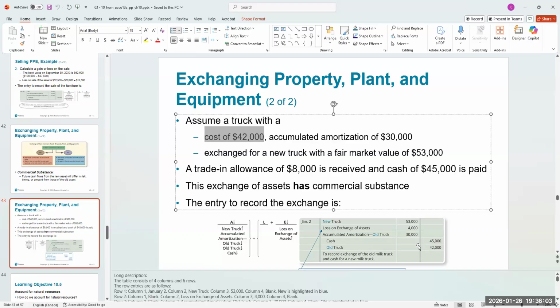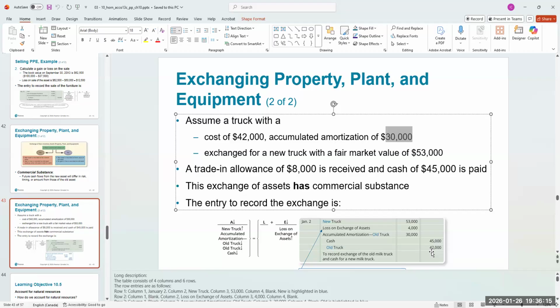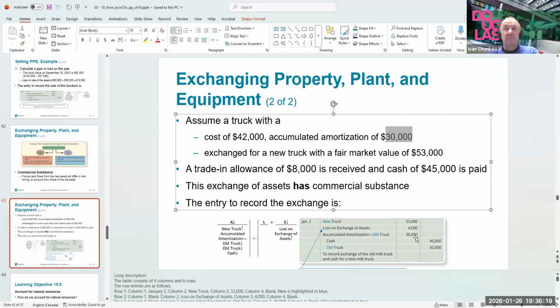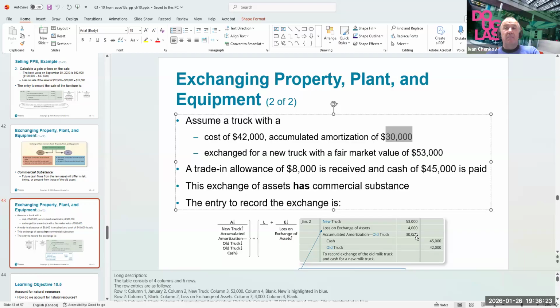So at this point, I'm losing 12, correct? 30,000 plus 12,000 is 42,000. I'm losing 12,000.